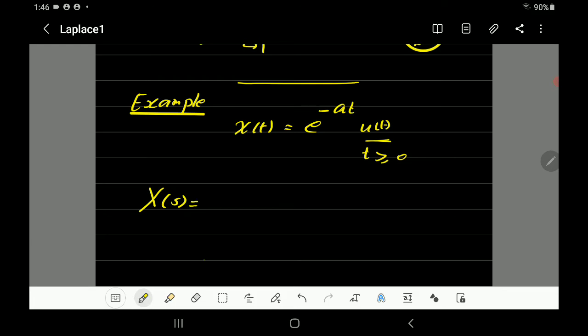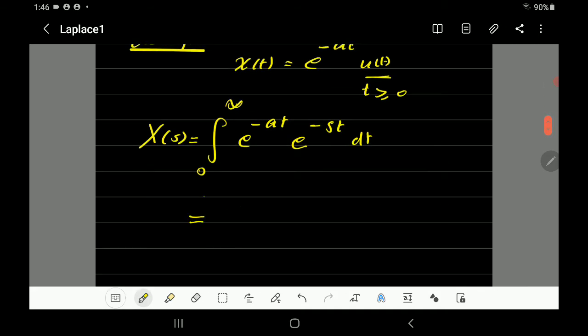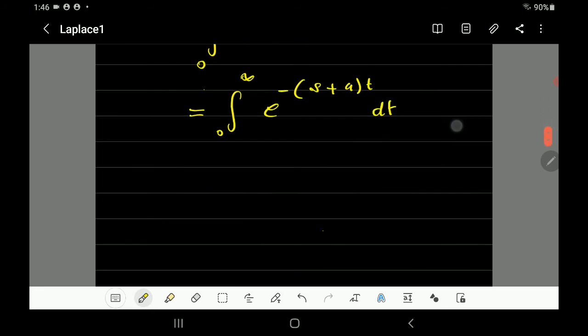So Laplace transform will be equal to, should be from minus infinity to infinity, so it will be from 0 to infinity, and the function is equal to e to the power minus at multiplied by e to the power of minus st dt. When you multiply exponentials, you add the powers. So you have e to the power minus, and you can write s plus a, t dt.